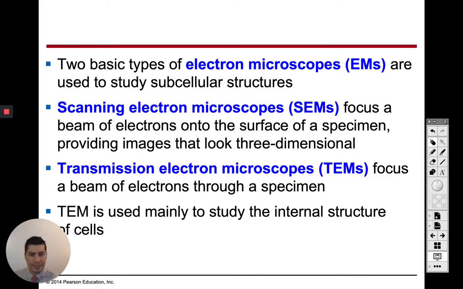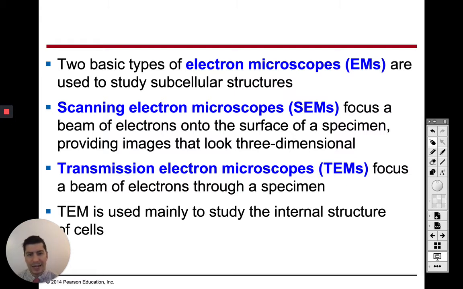Okay, so the electron microscopes, there's two main ones that we're going to talk about, the scanning electron microscope and the transmission one. They're abbreviated SEM and TEM. The difference between them, guys, is the scanning electron microscope is going to shoot electrons to the surface of our specimen.